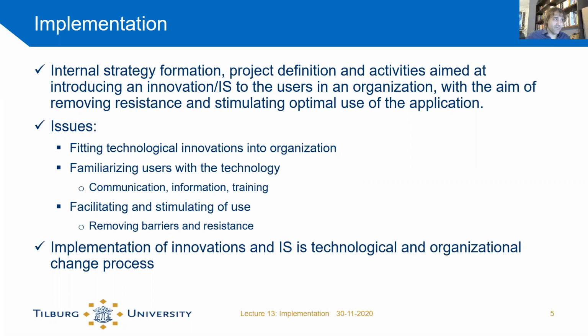And you do that with the aim of removing resistance and stimulating optimal use. Because you can have an idea which is great, but if people are not willing to use it, and if people are resistant in using it, then your innovation or your technology will fail.